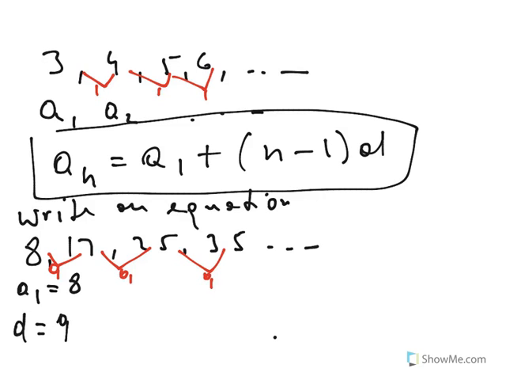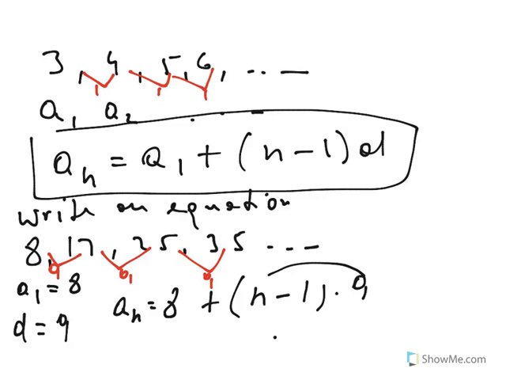To write this equation, I'm going to use the equation that I just developed here, and I say a sub n equals a sub 1, which I substitute with the number 8, plus n, the number of terms, I don't know, so I'm going to leave it as n, minus 1 times the common difference, which in this case is 9. Now I have to use the distributive property.